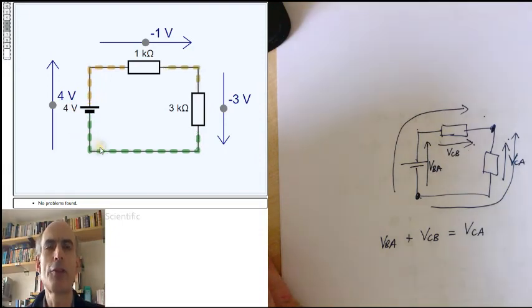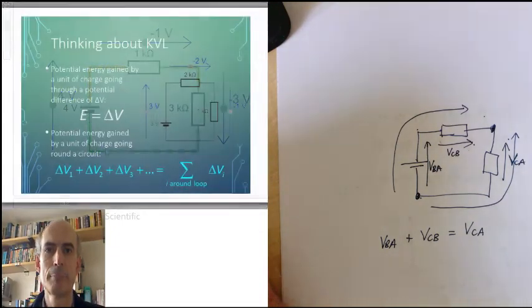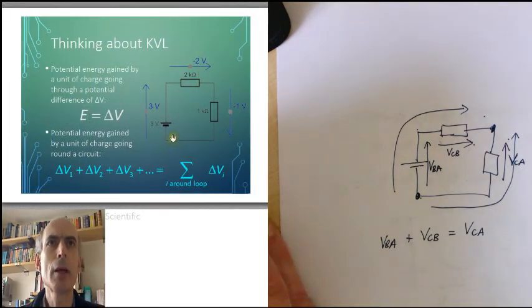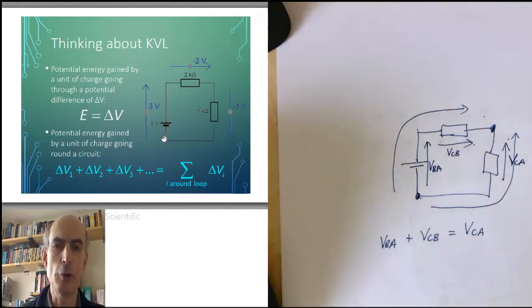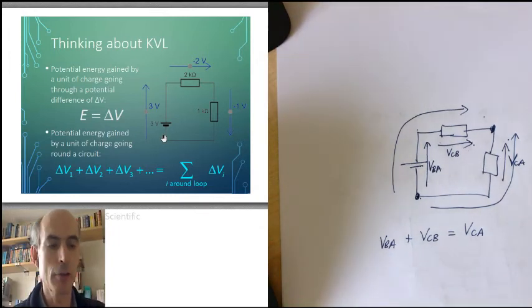You could think about this in terms of the conservation of energy as well. Consider a unit charge moving around this circuit. The definition of voltage comes from consideration of energy.